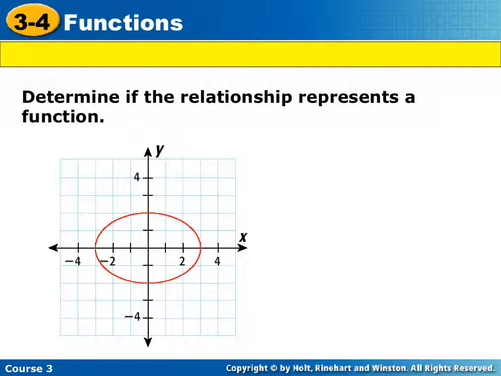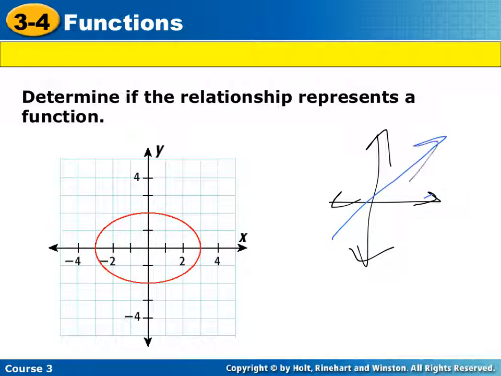Now, using that vertical line test, I want you to tell me, is that a function or not? I'll pause. Remember we talked about the vertical line test when I gave you this graph and I told you the blue line was a line and the vertical line test was my red line.